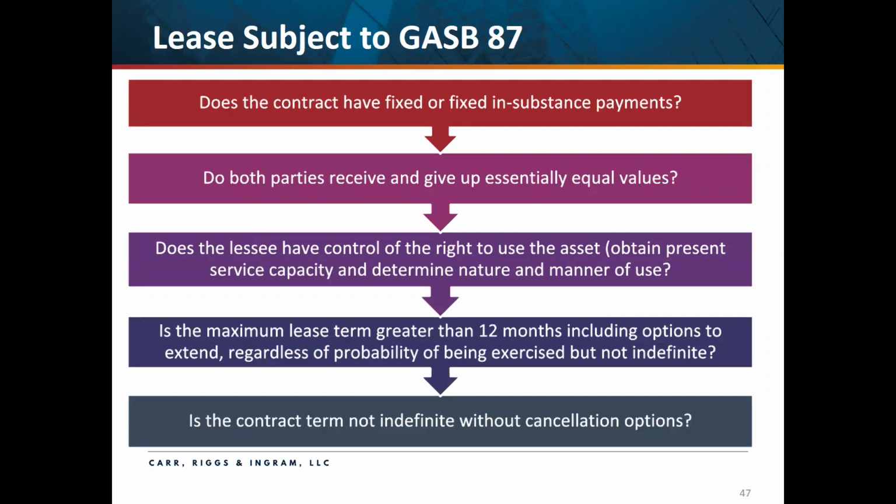These are the biggest ones to me, though, that you need to ask. Does the contract have fixed or fixed in substance payments? Do both parties receive and give up essentially equal values? Does the lessee have control of the right to use the asset? Is the maximum lease term greater than 12 months, including options to extend, regardless of probability of being exercised, but not indefinite? And is the contract term not indefinite without cancellation options?